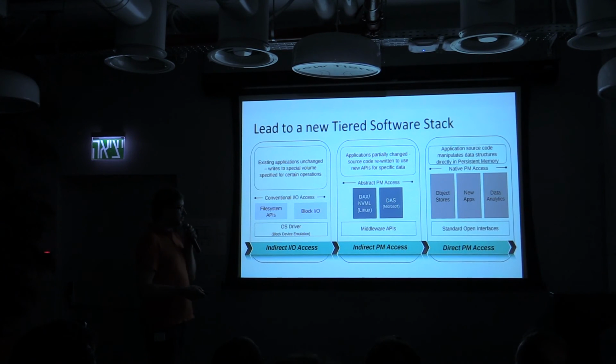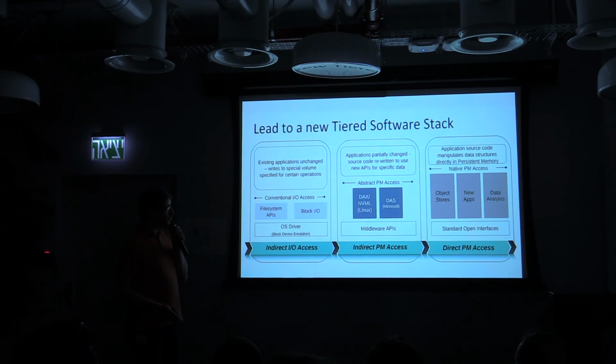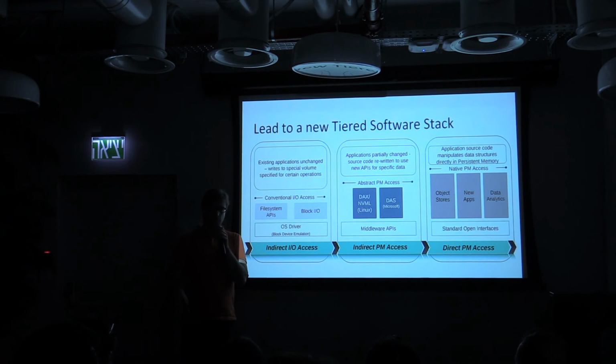After that, we have the indirect PM access, which already exists, which uses DAX, and for Microsoft, which is DAS. It's partially changed to actually benefit from the optimization of persistent memory. And the future one, starting to appear mainly in academia, like Nova file system, PMFS, and things like that, are purely optimized for persistent memory byte addressable access.